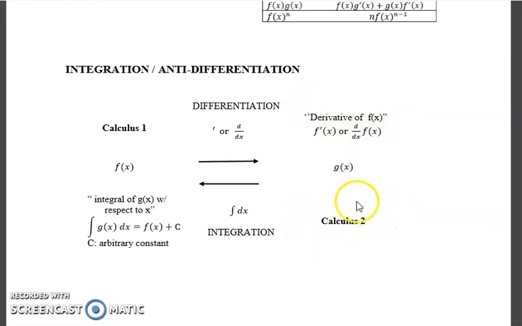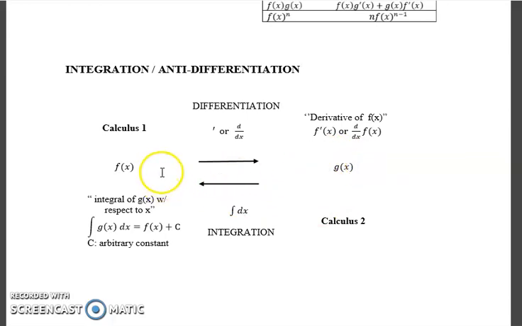In Calculus 2, in this course, we will do the reverse. Meaning to say, given g of x, we find not only f of x, but the set of all functions whose derivative is g of x.